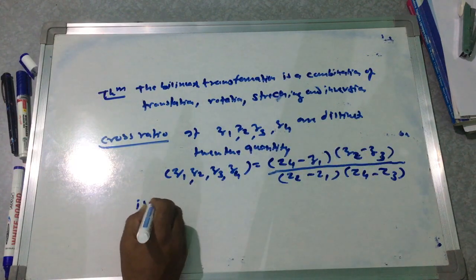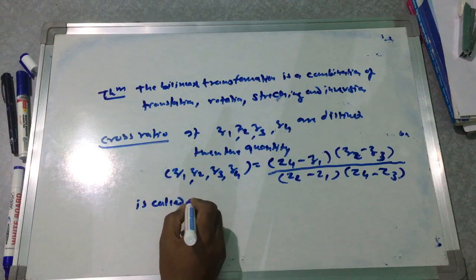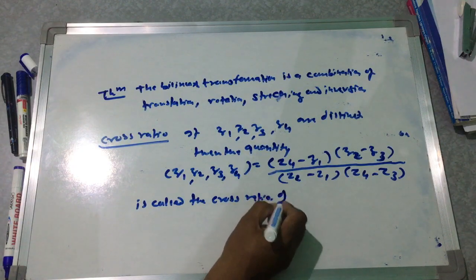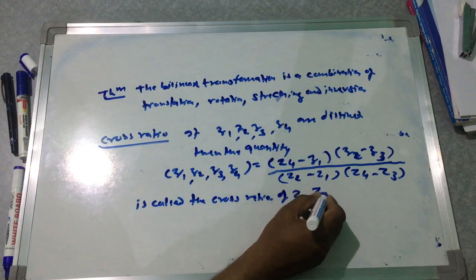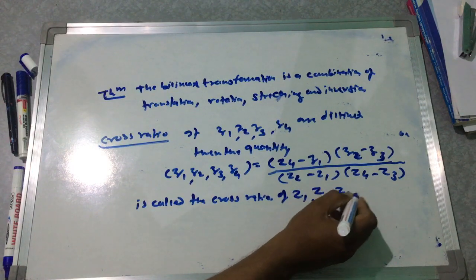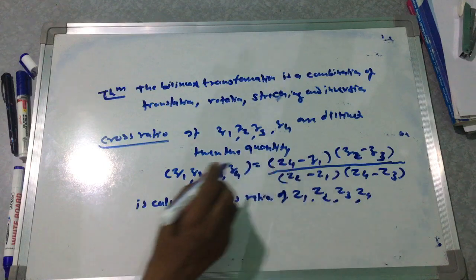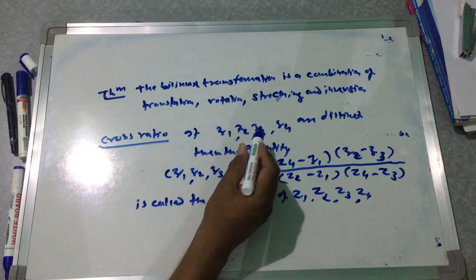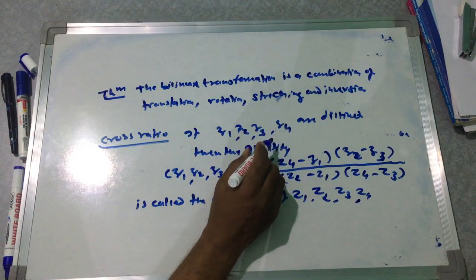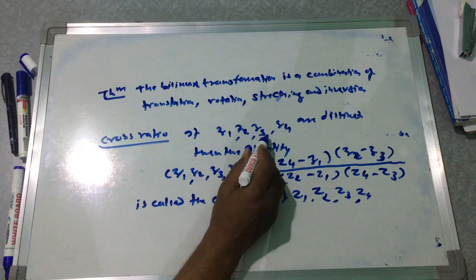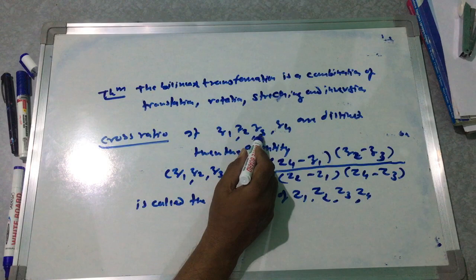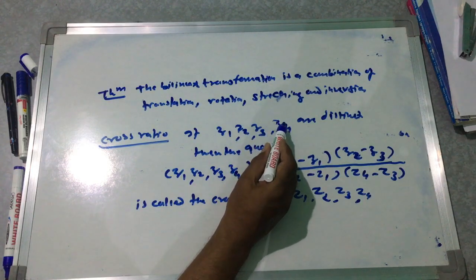In this manner, this is called the cross ratio of Z1, Z2, Z3 and Z4. Distinct elements means these are different from one another, not equal: Z1 is different from Z2, from Z3, from Z4.